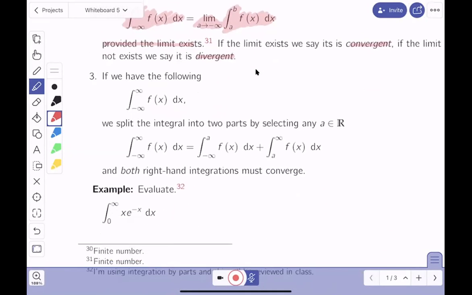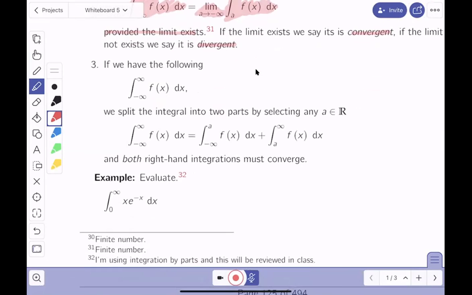This one over here, we're going in both directions, so we have to split it. We pick some arbitrary number a between minus infinity and infinity, and split it into 2 different integrals. We split it at a, put down 2 integrations, and then do the limits for those separately.